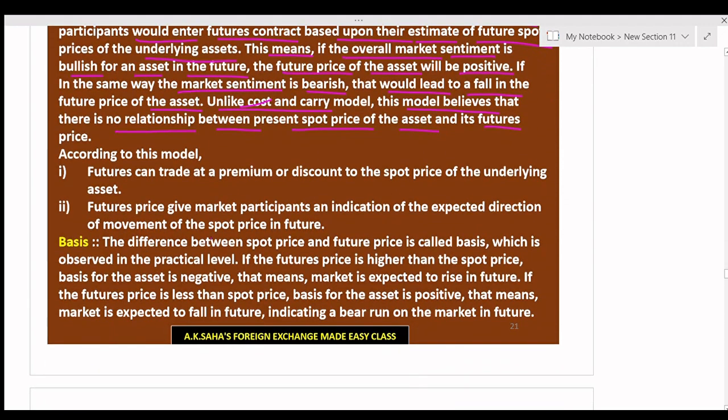According to this model, future can trade at a premium or discount to the spot price of the underlying asset. Future price gives market participants an indication of the expected direction of movement of the spot price in future.